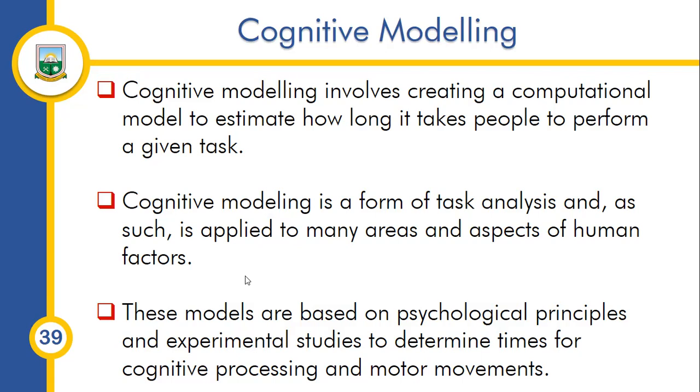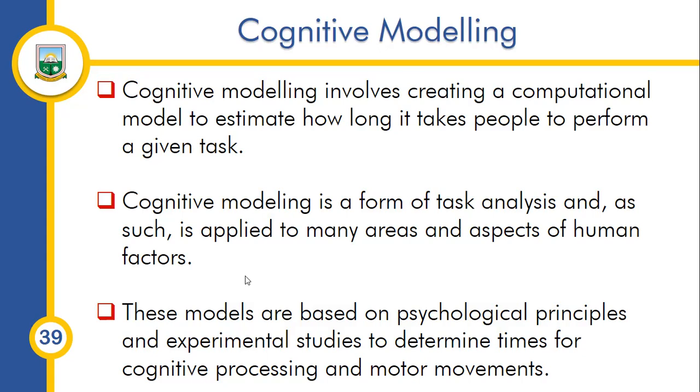So the cognitive modeling involves creating a computational model to estimate how long it takes people to perform a given task. This one is more like creating simulations and models to do the work for you. You run the task through a simulation so that it can give you the time it takes a normal human being to do the activity.